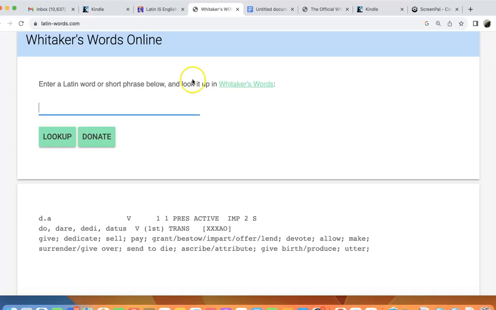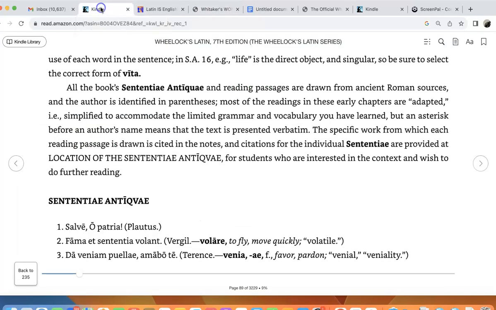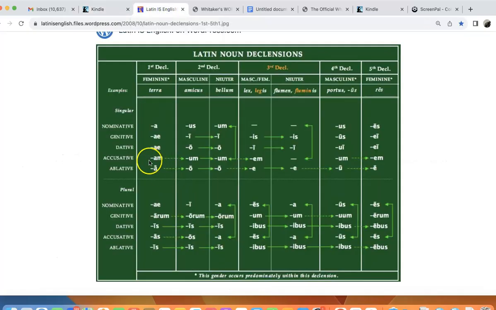It's present, active, imperative. Remember, it just means to give a command, and then these are the principal parts of the verb. And so veniam ends in am. So we take a look at this right here. Am should tell us it's the accusative direct object. But then puellae is ae.